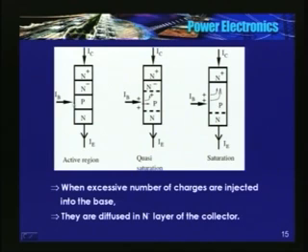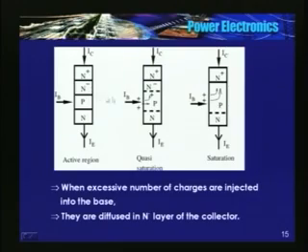I will just show you in this figure: this is a normal transistor in the active region, N, P and an N layer. This N minus is lightly doped and N plus is highly doped. And this thickness will determine the maximum voltage that it can block.